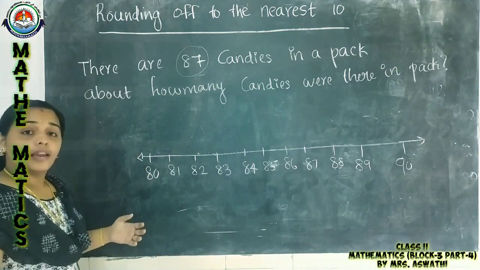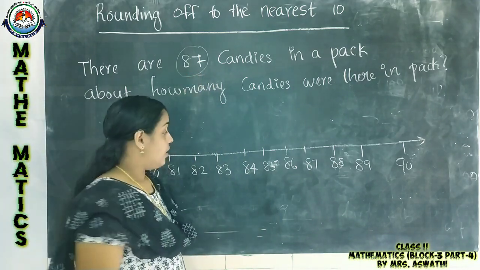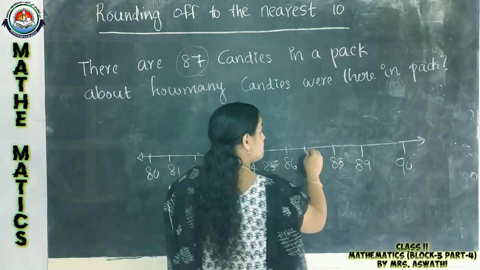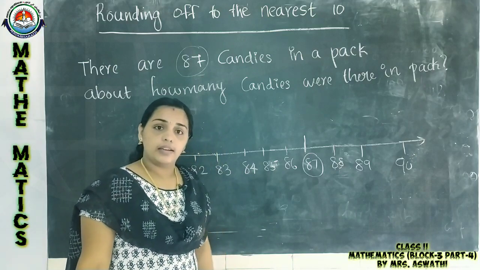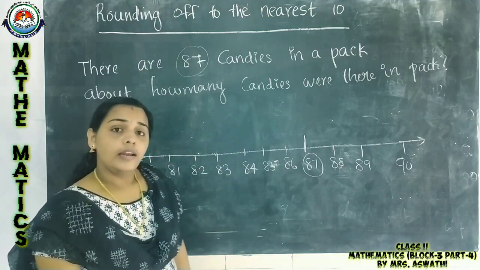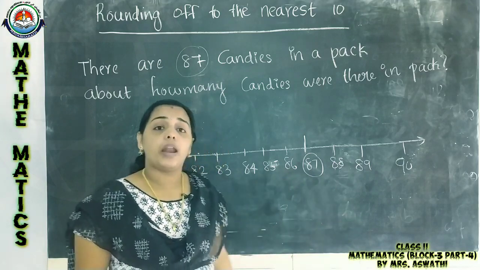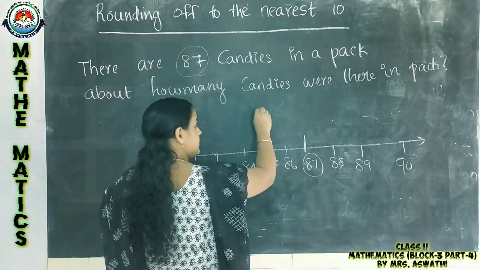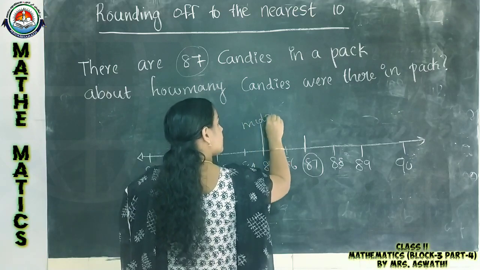So now we can easily find the position of 87. Where does it stand? Yes, this is 87. Then we can find the midpoint of this number line. Yes, this is the midpoint.